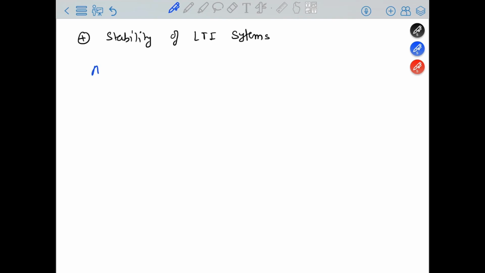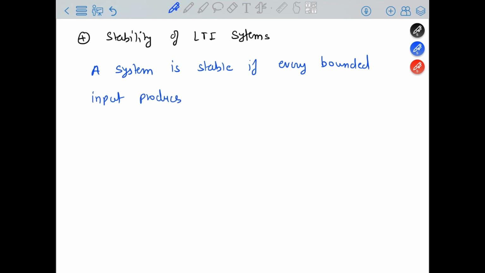A system is stable if every bounded input produces a bounded output.